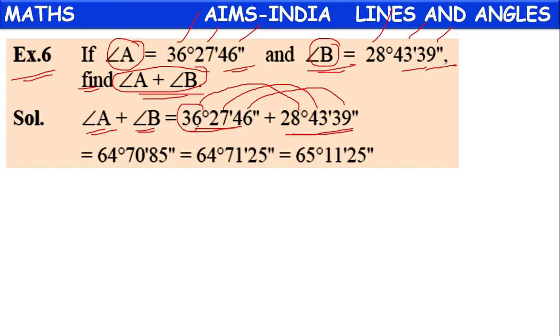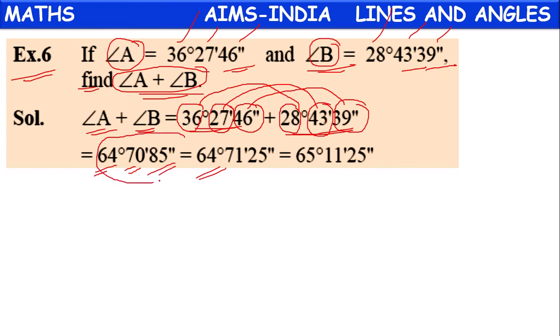So 36 plus 28, 64 degrees; 27 minutes plus 43 minutes, 70 minutes; 46 seconds plus 39 seconds equals 85 seconds.